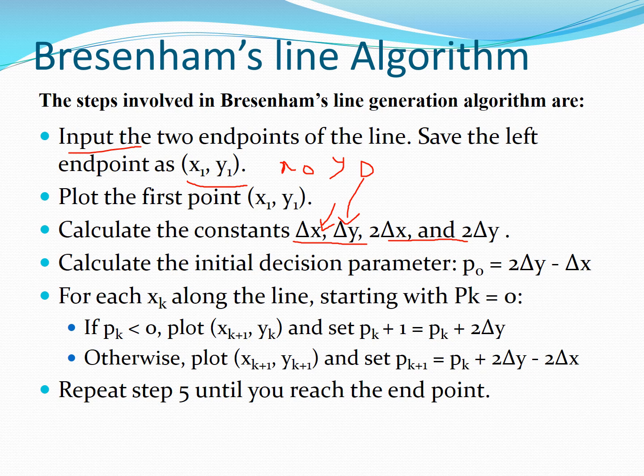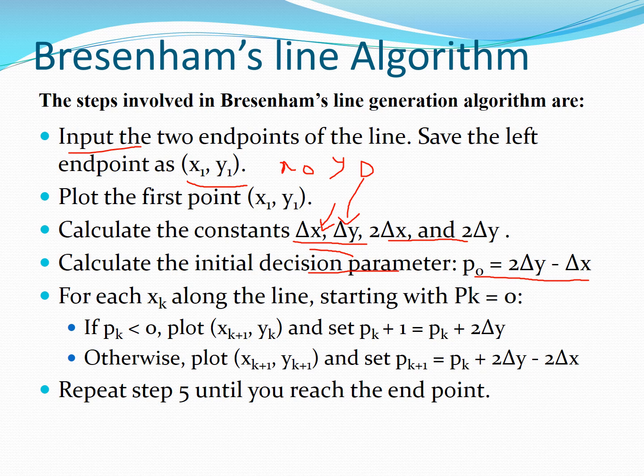Initially, how do we calculate the decision parameter? The decision parameter is denoted P0 or Pk. First we use the formula to calculate it: P0 equals 2 delta y minus delta x.